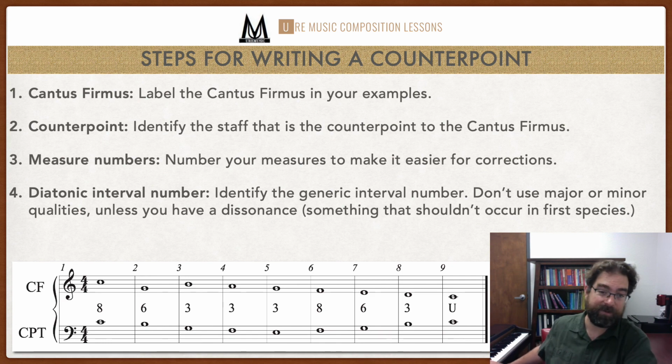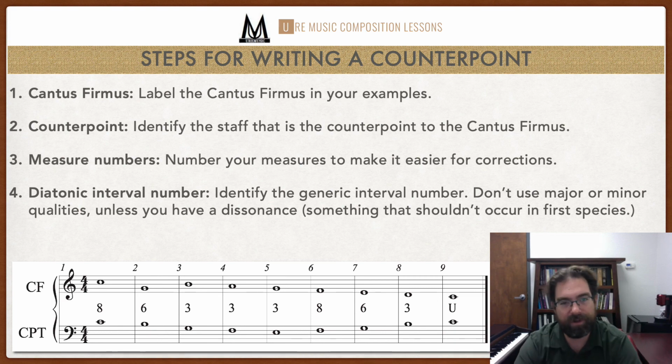That would be a diminished fifth, so you'd want to label it as D5. If you had a D and a G sharp, which is actually the same thing, you'd label it as an A4 because it's an augmented fourth. So you only want to label dissonances. You don't need to label whether they're major, minor, or perfect.